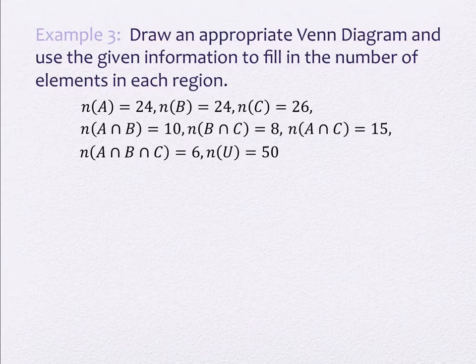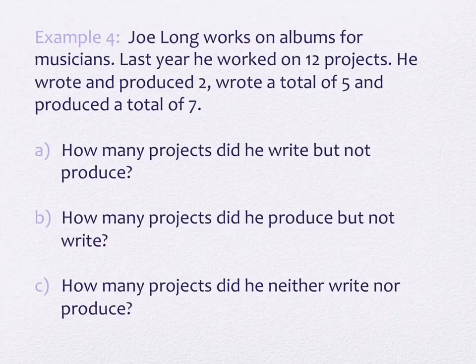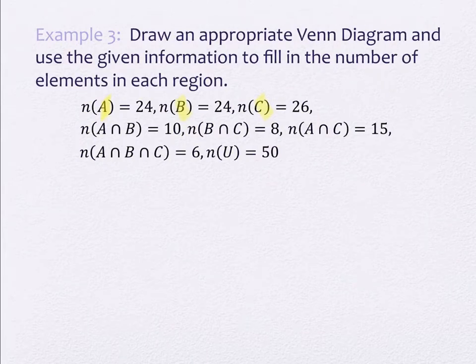And so this example itself isn't really an application, but I'm going to show you two more problems after this that are an application using this type of process. So I just want you to become familiar with this type of process first. The first thing that I would like for you to notice here is that there are three circles they're talking about, A, B, and C. So my Venn diagram will start the same way that it did on the last one.